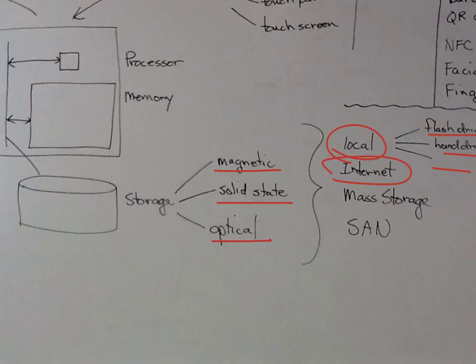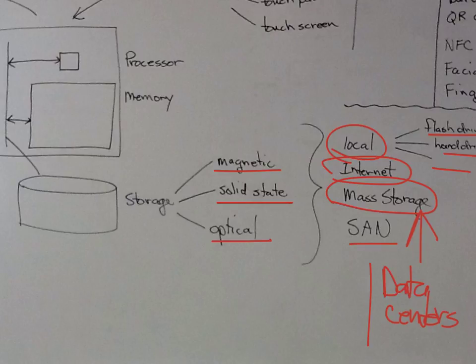We talked about it could be mass storage. There's large data centers gathering data everywhere. The government's doing that. Google, Amazon, all these places are doing that. Facebook. And you can have a storage area network. You can actually get a hard drive, and you can get a hard drive and actually plug that into your router.